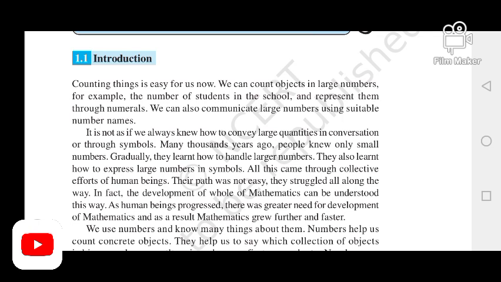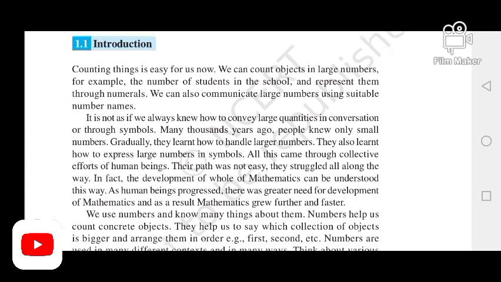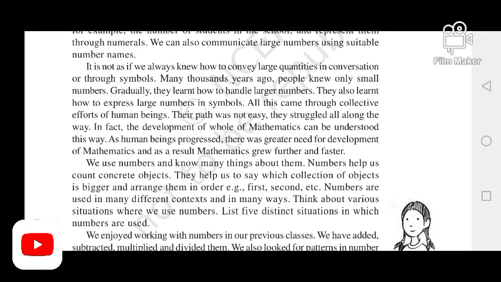Many thousands of years ago, people knew only small numbers. Gradually, they learned how to handle larger numbers. They also learned how to express large numbers in symbols. All this came through the collective efforts of human beings. Their path was not easy. They struggled all along the way.